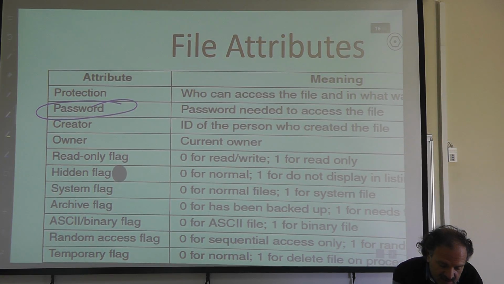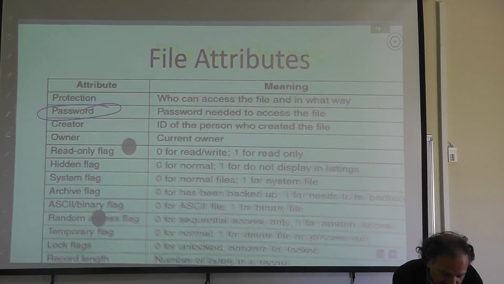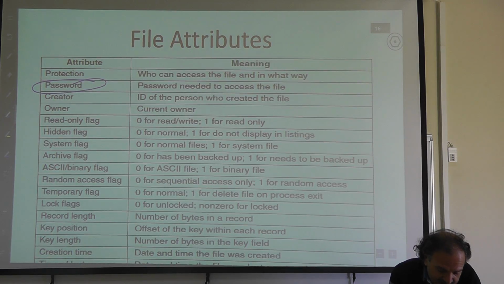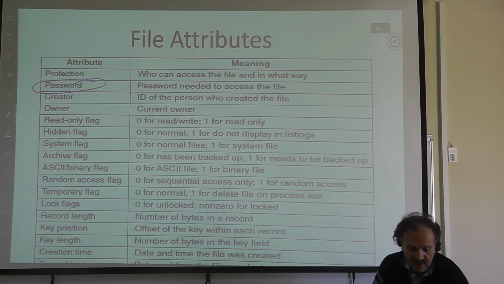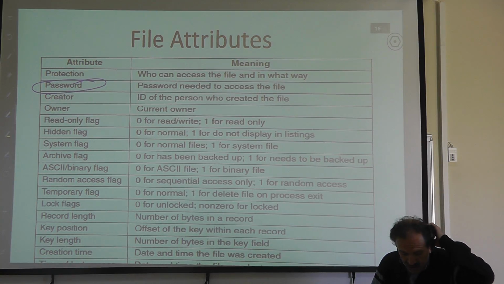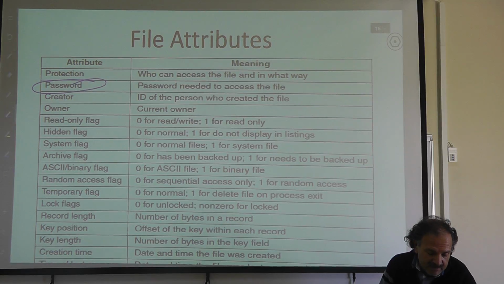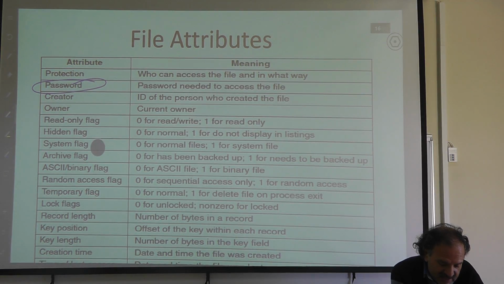Hidden flag: if it is one, then it's a hidden file. When it is hidden, usually you don't see it when the files are listed. And whether it's a system file or a regular file.